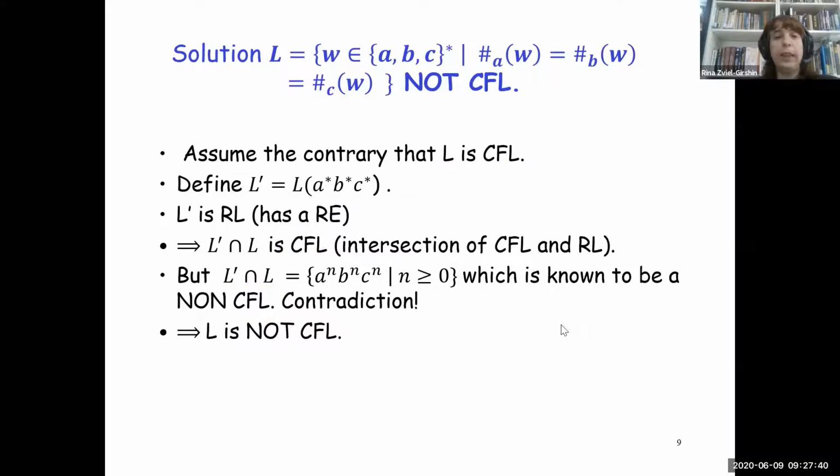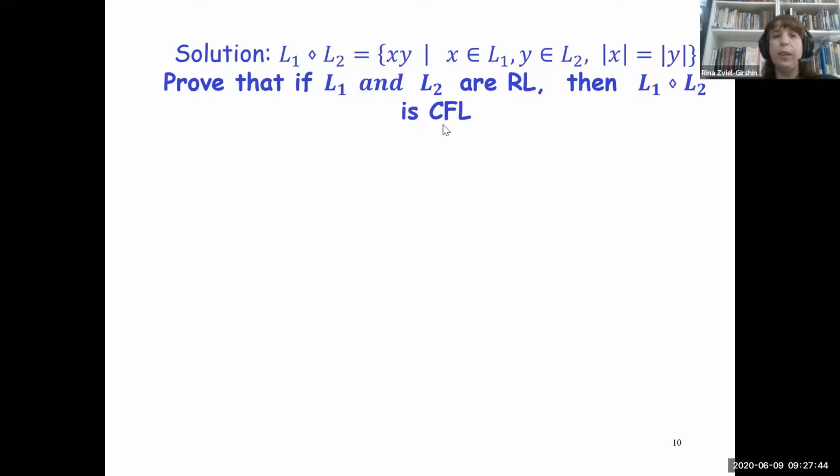Okay, the last question for today for us to think a little bit about is an operation on languages L1 and L2, which I don't know how we should call it, so let's call it the diamond operation, L1 diamond L2. You have a definition of this new language.